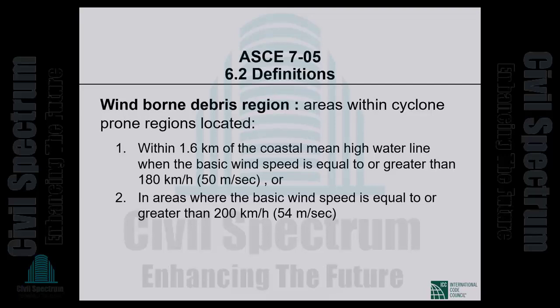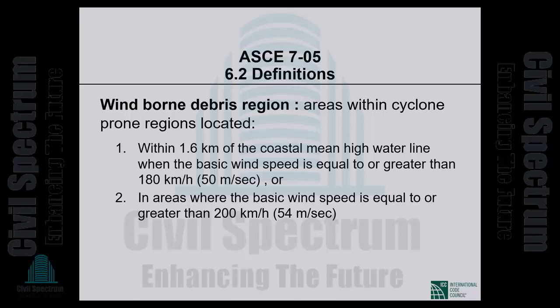Windborne debris region. These are areas within cyclone prone region, within 1.6 kilometer of the coastal mean high water line, when the basic wind speed is equal to or greater than 50 meters per second, or in areas where the basic wind speed is greater than 54 meters per second. So windborne debris region is part of cyclone prone region. That's the first thing.